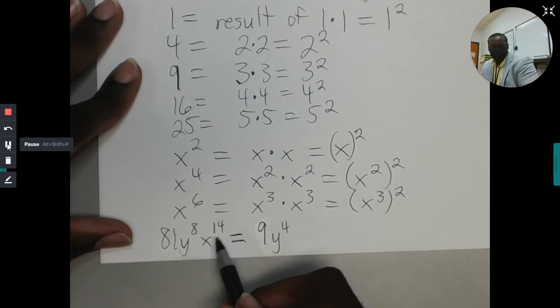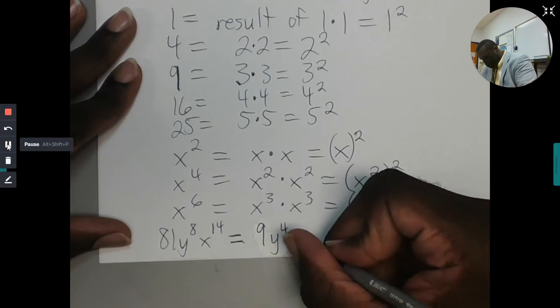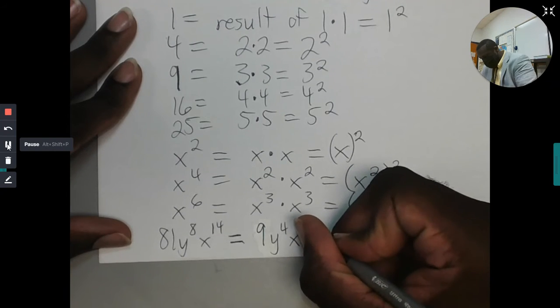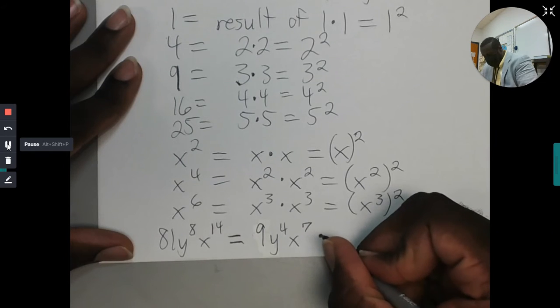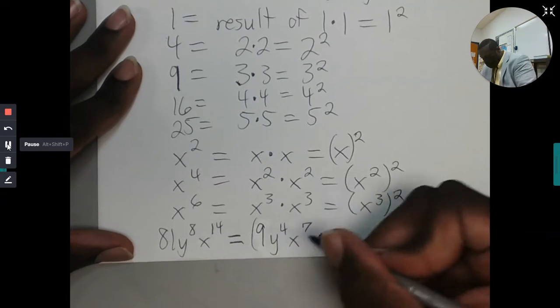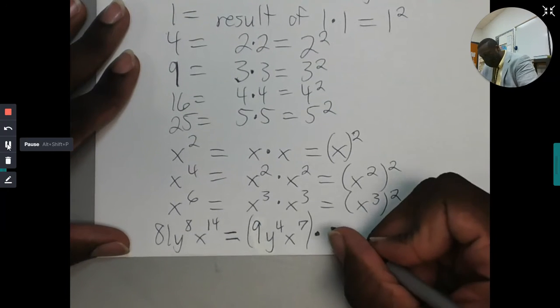And x to the 14th is a perfect square because that is x to the 7th multiplied by itself. So it is the same thing as multiplying 9y to the 4th, x to the 7th, times itself.